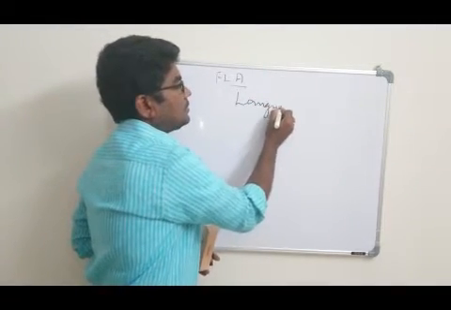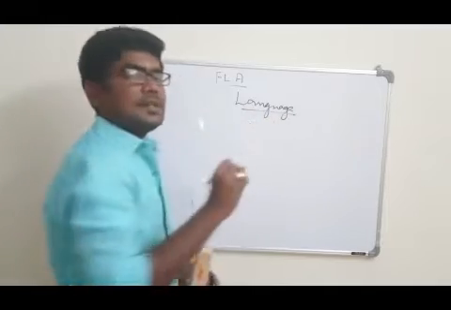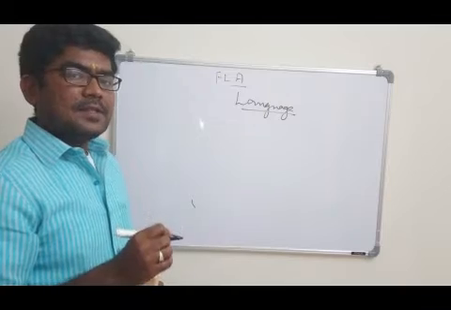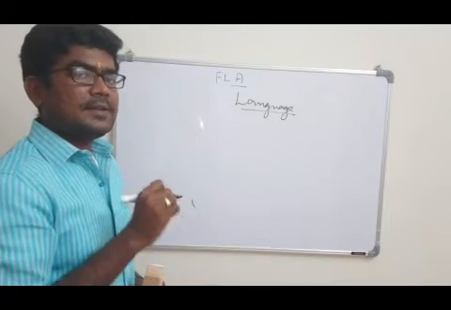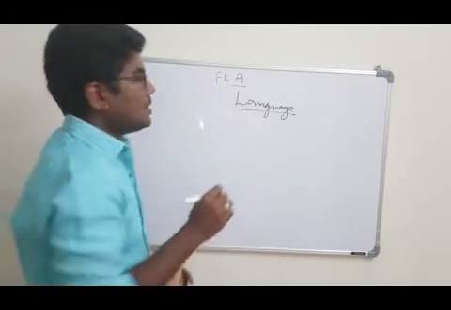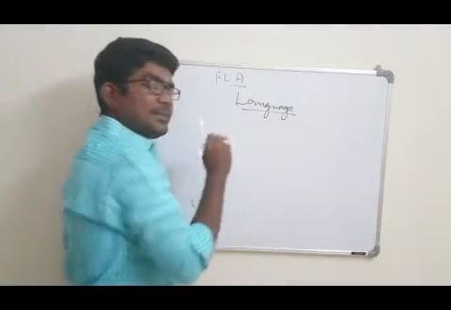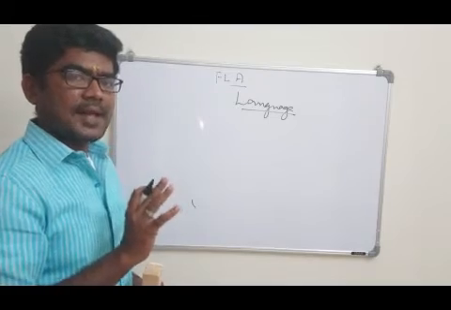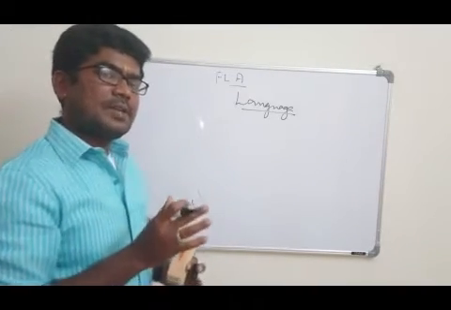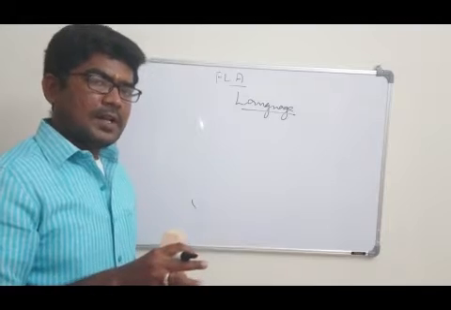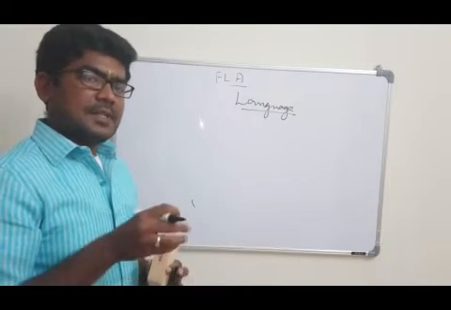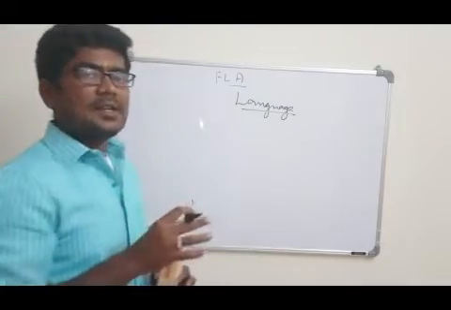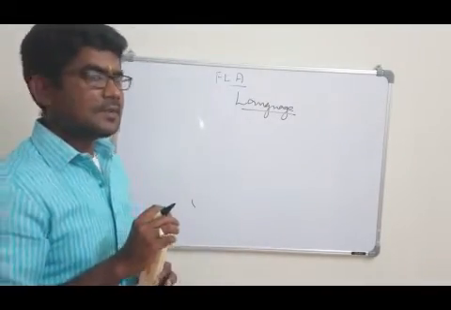Language is a set of strings, and a set of strings is said to be a language here. We can also say it's a subset of symbols or a subset of the alphabet, but the general meaning of a language is a set of strings. So you only need to say set of strings.